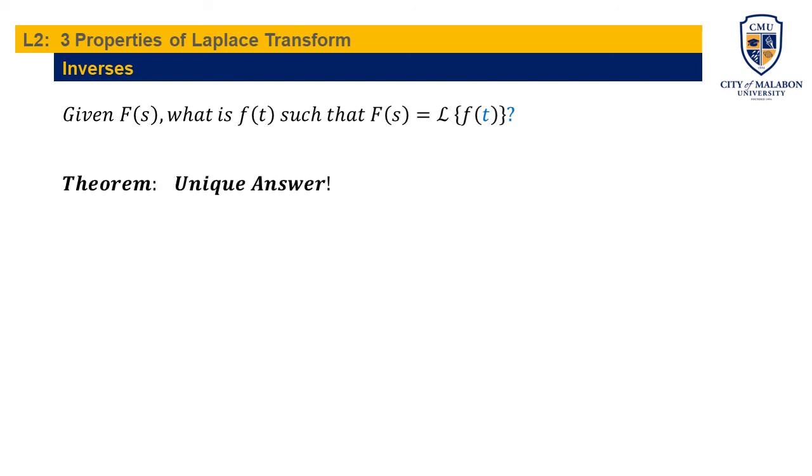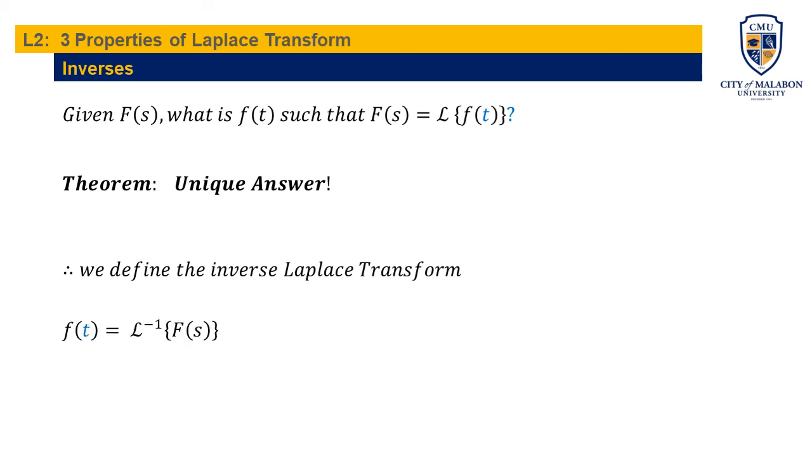So, the theorem behind this inverse is that for a given F of s, or Laplace transform of f of t, there is also a corresponding inverse. We define the inverse Laplace transform to be f of t is equal to the squiggly L raised to the negative 1, or the inverse, of our F of s. That is the definition of our inverse Laplace transform.